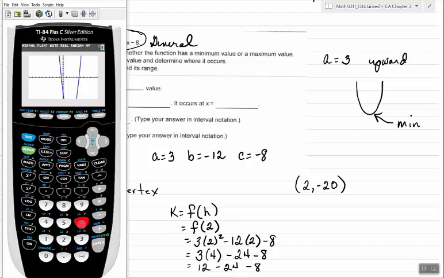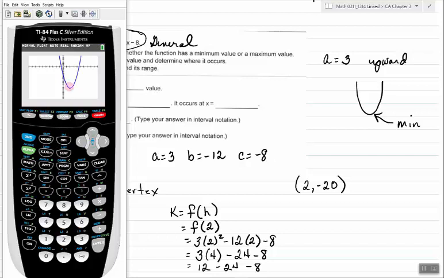I don't believe I see that minimum value. It's down here. So in my window, I will go down further with y min. Y min, I'm going to do negative 30 and graph. There we go.